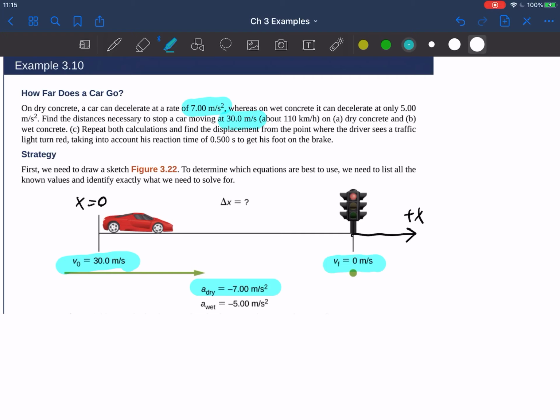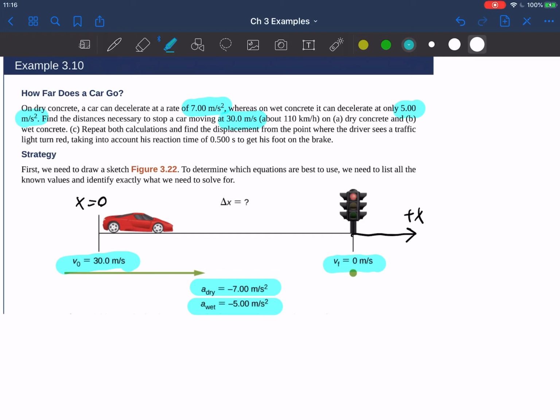And they also tell us that on wet concrete, the acceleration is only 5 meters per second squared. So we don't slow down as fast on wet concrete. We label that with a negative sign because acceleration is a vector, and we've defined the plus x direction to be positive, and the change in velocity is in the minus direction here.